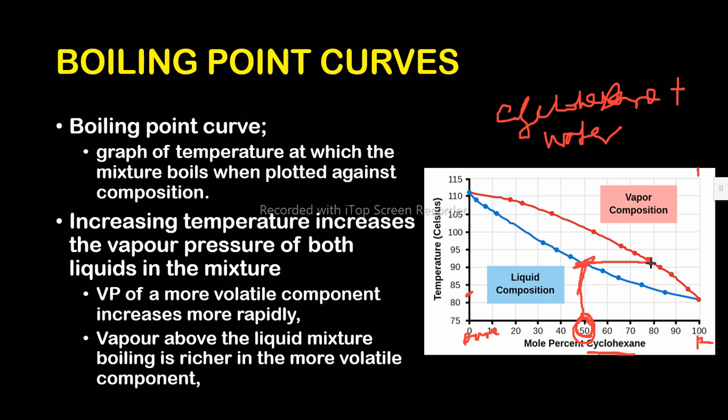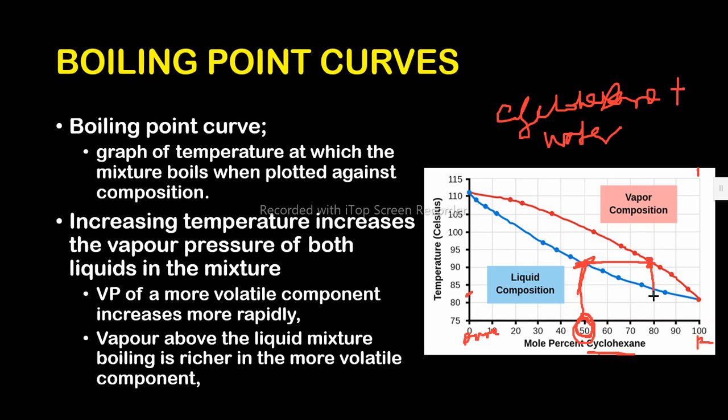So this will be the vapor pressure of this 50% mixture of cyclohexane.